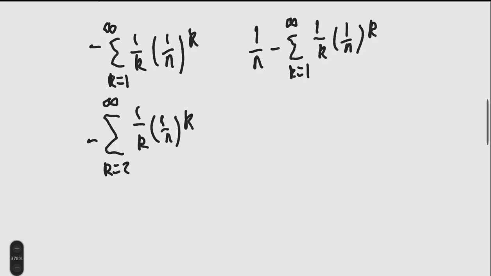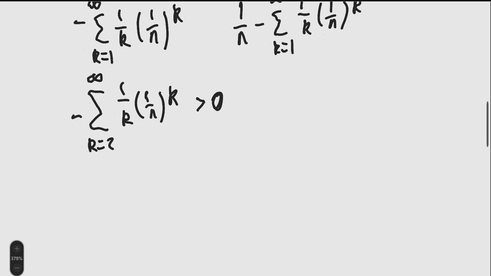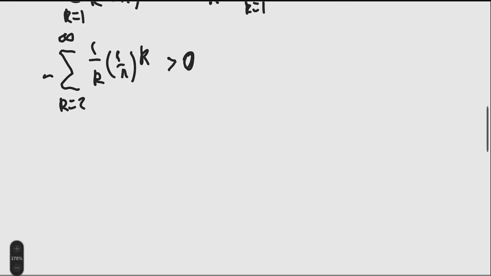Now this whole sum is strictly greater than 0. But minus it, when n is positive, is going to be strictly less than 0, right? So basically, gamma of n minus gamma of n minus 1 is going to be strictly less than 0.